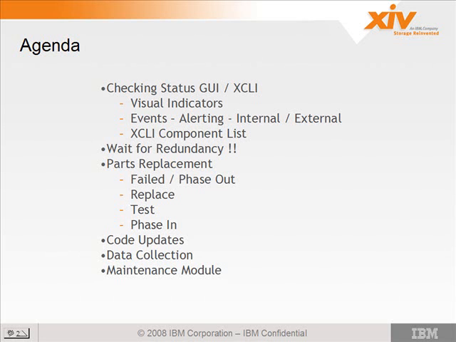Correct. The point of the redistribution on a phase out is you never lose redundancy during that process. On the failure and during the rebuild process, you're actually exposed to a second failure at that point. You're not redundant, and you have the potential of another failure impacting the system. So during the phase in, you're not at that same exposure.